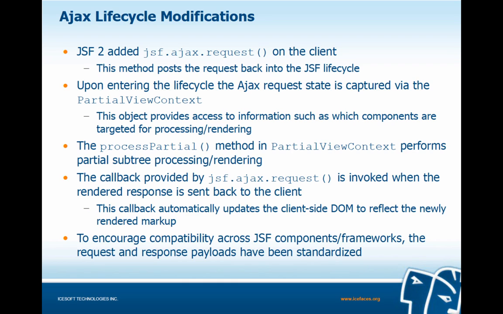The process partial method in the partial view context performs partial subtree processing and rendering. The callback provided by the request method is invoked when the rendered response is sent back to the client, and this callback automatically updates the client-side DOM to reflect the newly rendered markup.